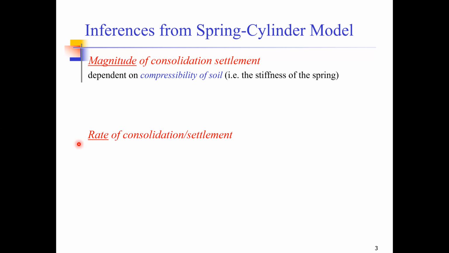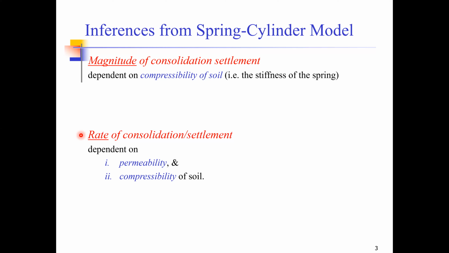In the same way, let's think for a moment about what can be the possible factors upon which the rate of consolidation settlement depends. The rate of consolidation settlement depends upon the permeability of soil, and also the compressibility of soil. Now see, we are talking about the speed at which the soil can settle, that is the rate of consolidation settlement.